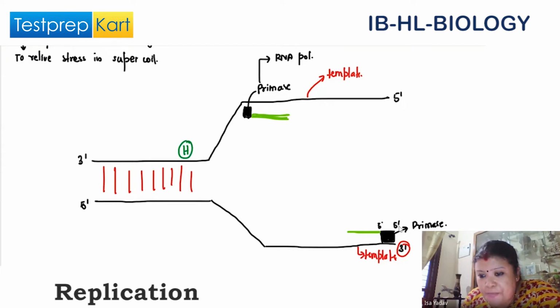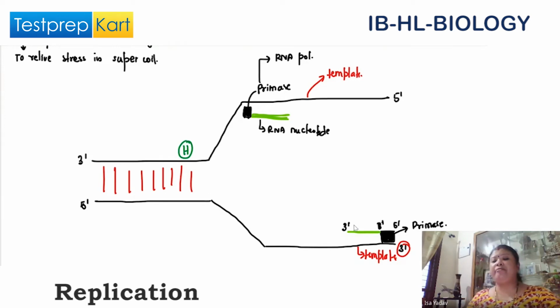This is 5 prime, so this will be 3 prime. The aim of having an RNA nucleotide is to generate the 3 prime and 5 prime hydroxyl group. And this RNA nucleotide is about 8 to 9 bases long. So once it has reached about 8 to 9 bases, what happens?